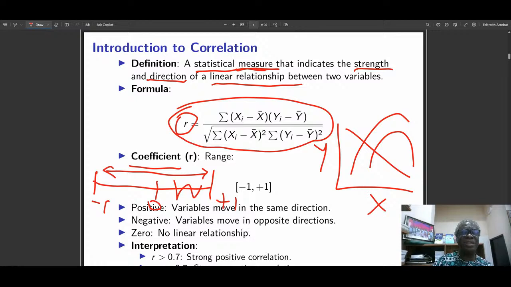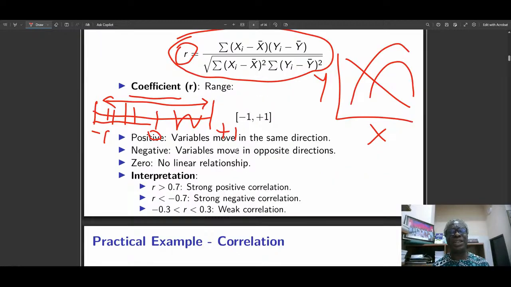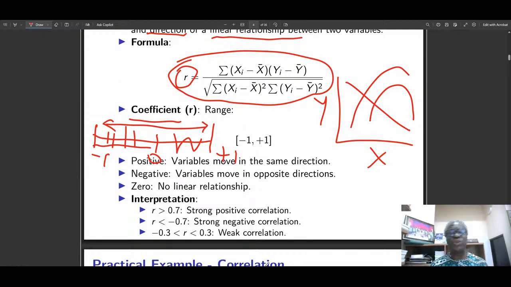When R takes a value in this area between -1 and 0, then we say there is a negative linear relationship, which means the two variables are moving in opposite directions. But when R is 0, then there is no linear relationship.